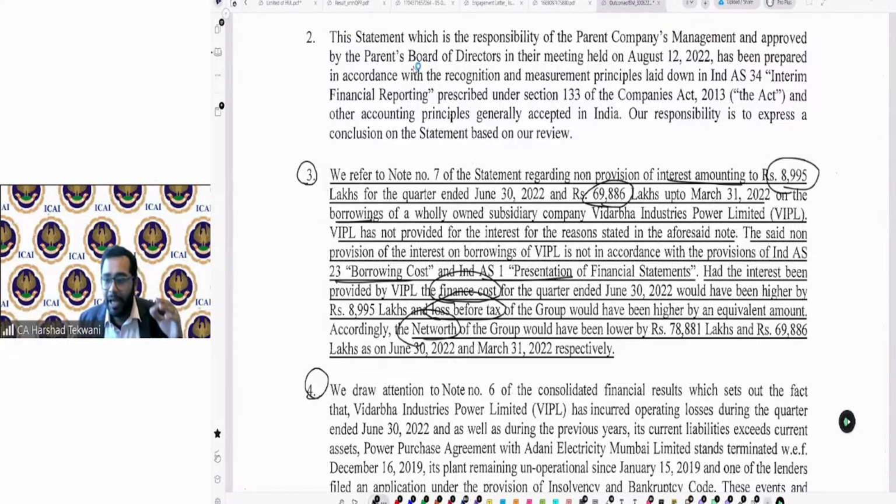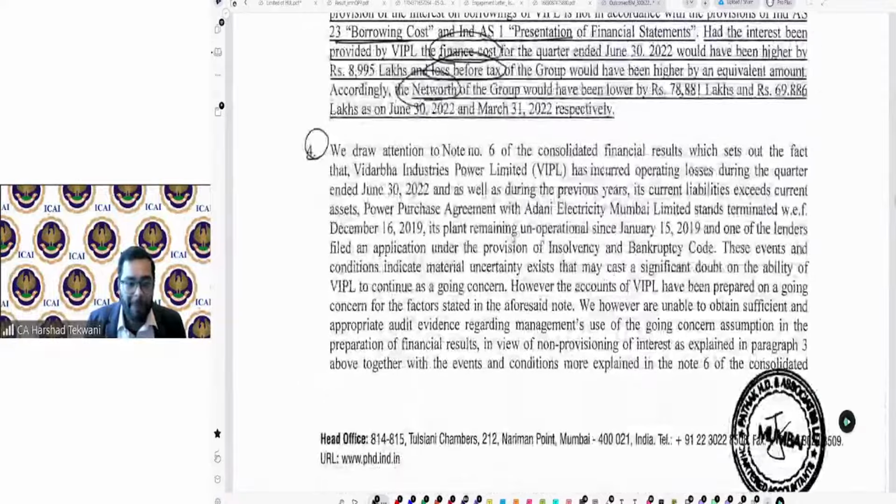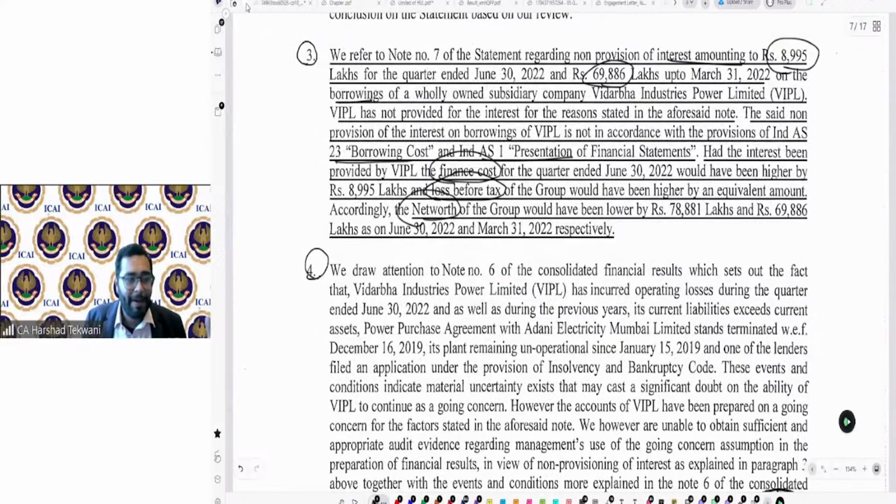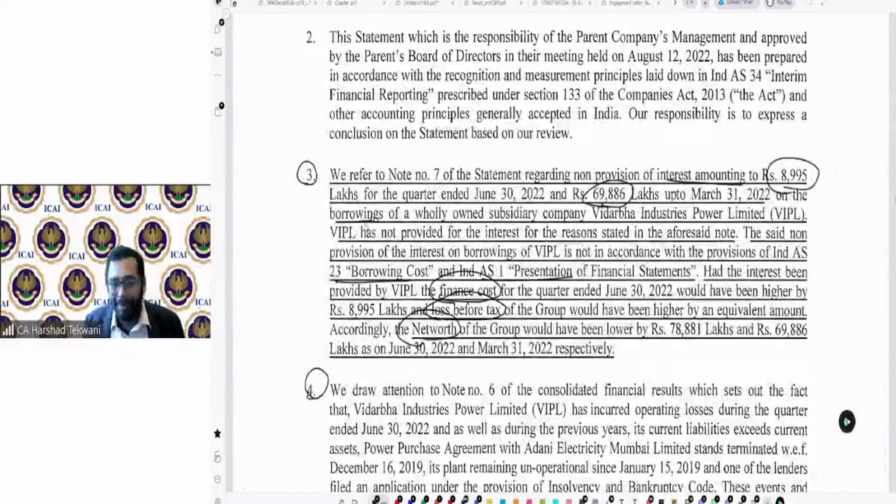Wherever it is impacting, I have quantified my impact. So this is how you need to specify or quantify the impact of a misstatement. You can say this is the basis of conclusion paragraph kind of, and this is how you need to quantify.